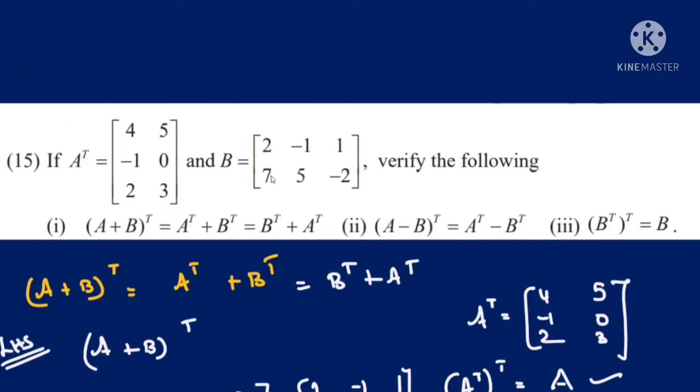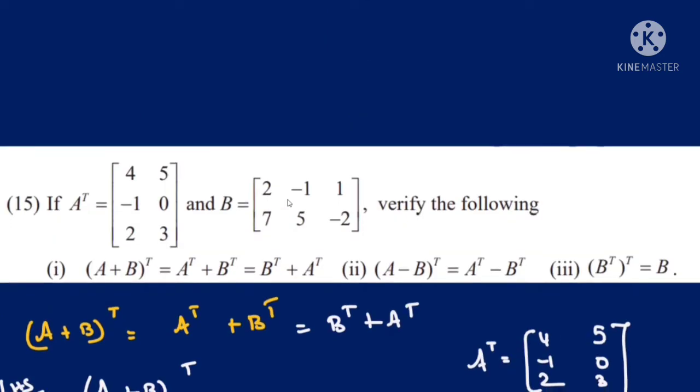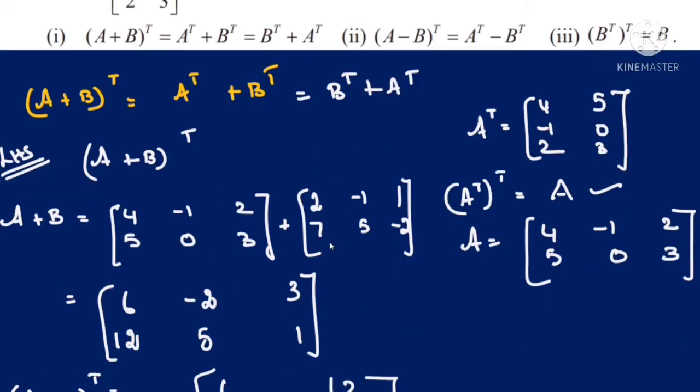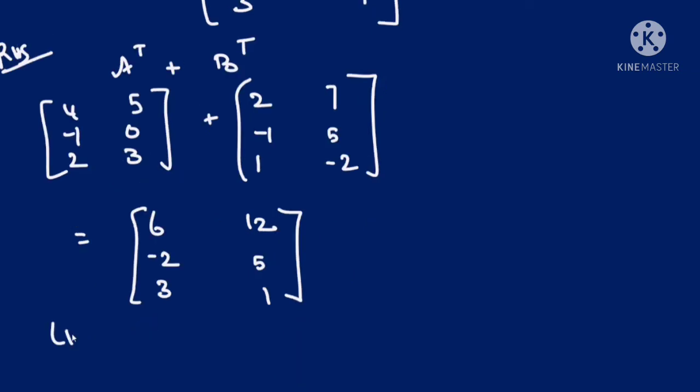The B transpose will be 2, 7, the first column becoming the first row, then -1, 5, then 1, -2. Just take the transpose of matrix B. Add this. 4 plus 2, 6. 7 plus 5, 12. Minus 1 is minus 2. 5. 2 plus 1, 3. 3 minus 2, 1. So we have proved that the left hand side is equal to the right hand side.